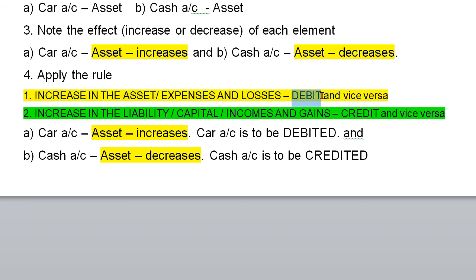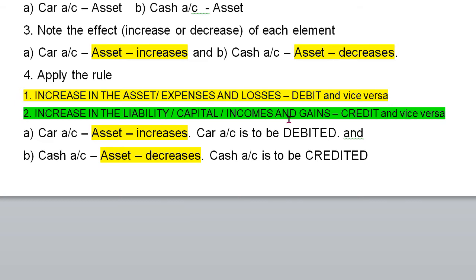That is the rule. Cash is an asset, it decreases, and the rule is vice versa. Cash account is to be credited. If there is an increase, the asset is to be debited. If there is a decrease in the asset, it is to be credited. This is the rule. Okay, this is enough here.